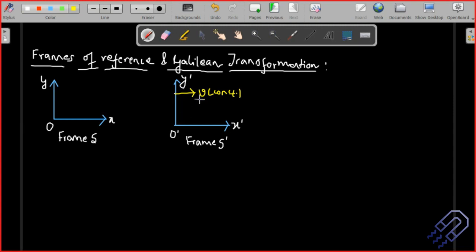If this velocity is very high, let's say comparable to the speed of light, you are really going to feel that effect. On the other hand, if this velocity is not very high, something like what we observe in our day-to-day life, maybe 140, 150 kilometers per hour, you are not going to get any kind of special theory of relativity effect.